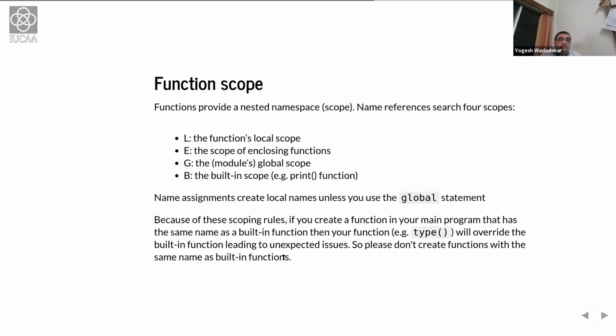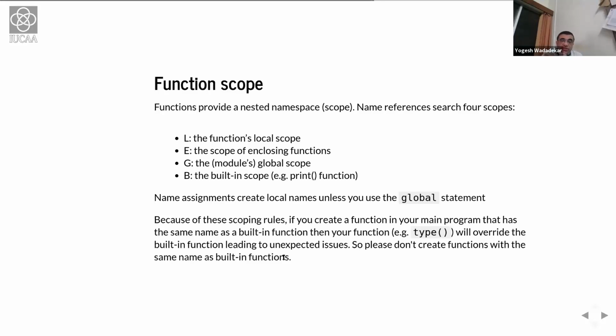Name assignments create local names unless you use the global statement. Okay, because of the order in which a namespace is searched for the definition of a function, these are the scoping rules.